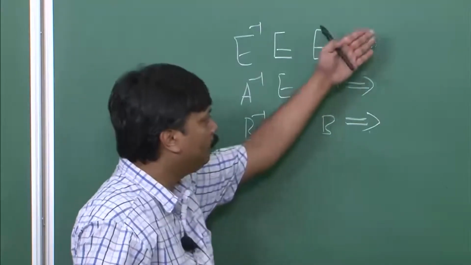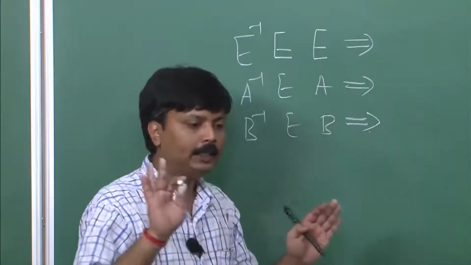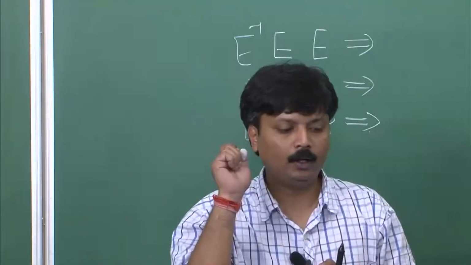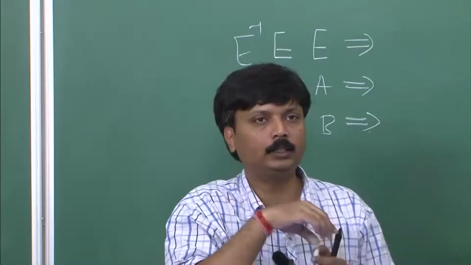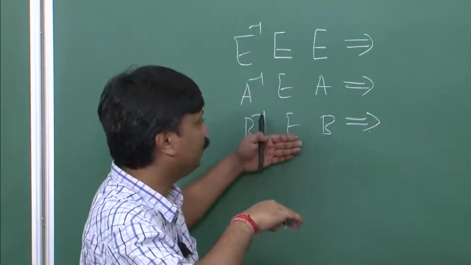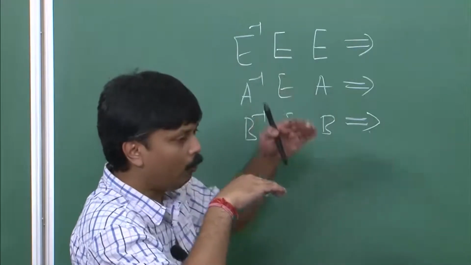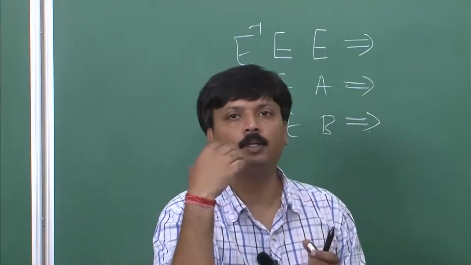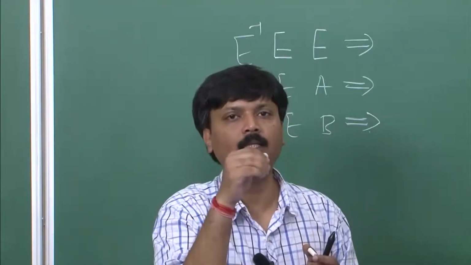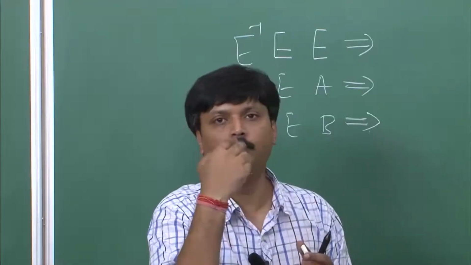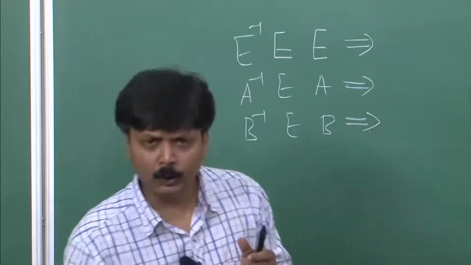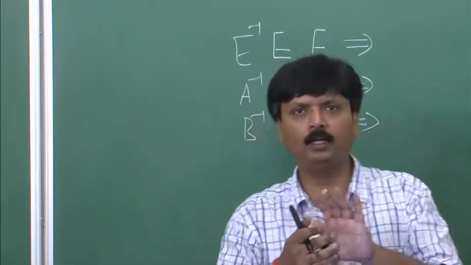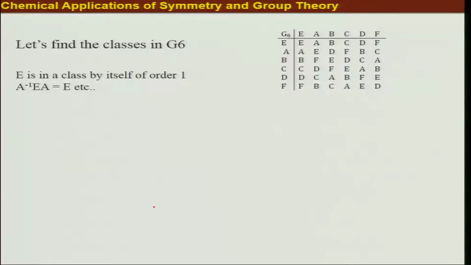Then you will get 6 results out of these similarity operations. Out of these 6 you may have 3 different elements appearing twice, or 2 different elements appearing thrice. Those 2 or 3 elements that keep coming again and again will form a class, and that's exactly what we are going to do.